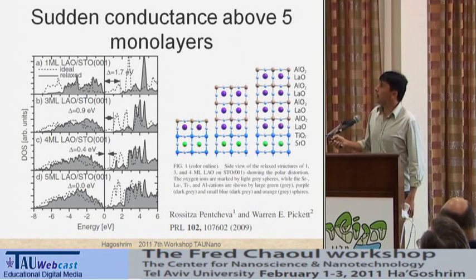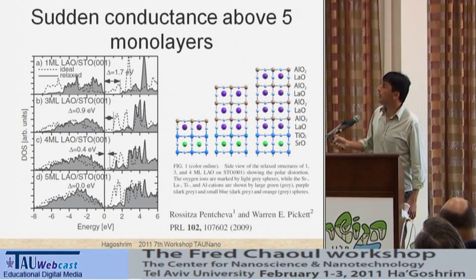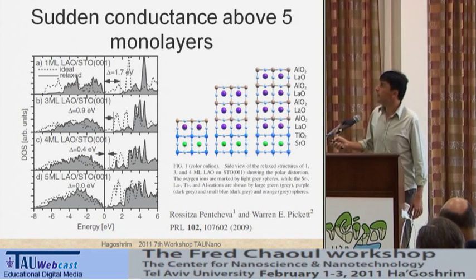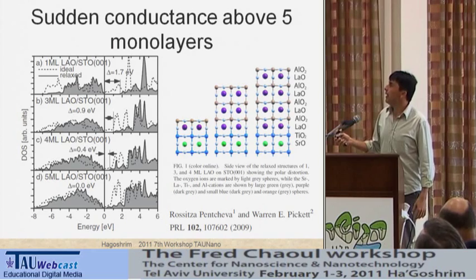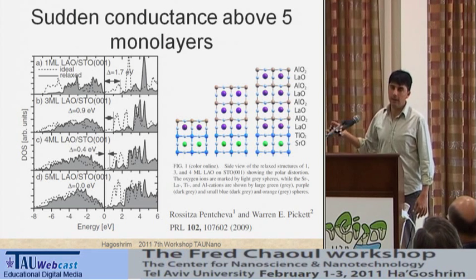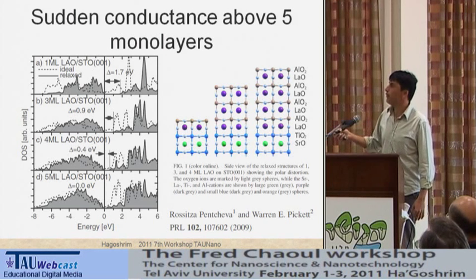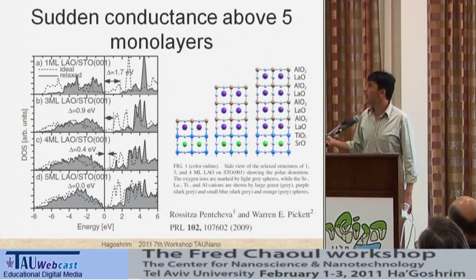And then more detailed calculations came. This is Pentcheva and Pickett. This is DFT plus U. Of course, they knew about this conductivity threshold, and they found it, or reproduced it, in their calculations.